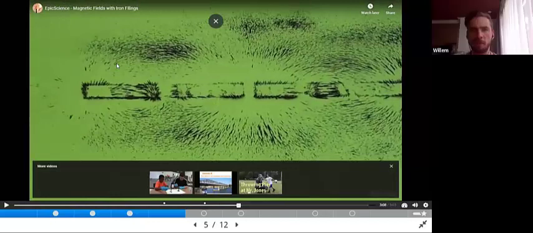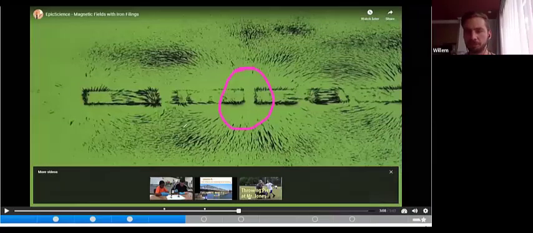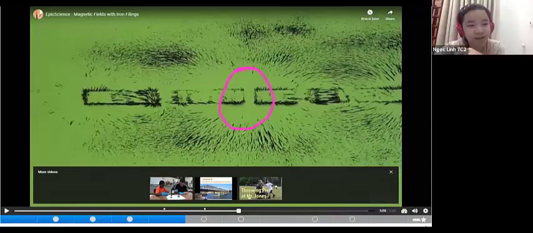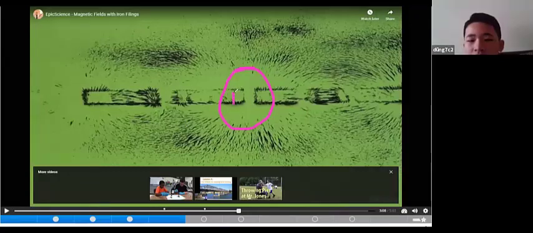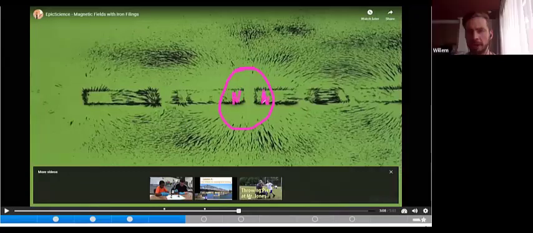Okay, so tell me, why do we have this empty space right here? Because the two poles are repelling each other. Yeah, so this is north and north. These two poles are repelling each other. They're pushing away from each other. And as you can see, the magnetic field patterns will push away.